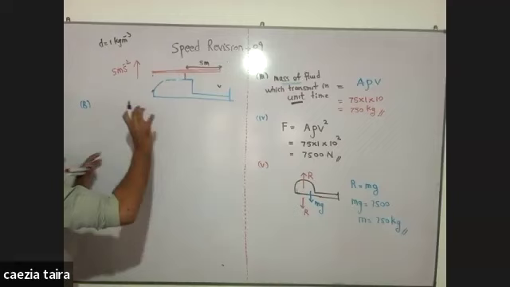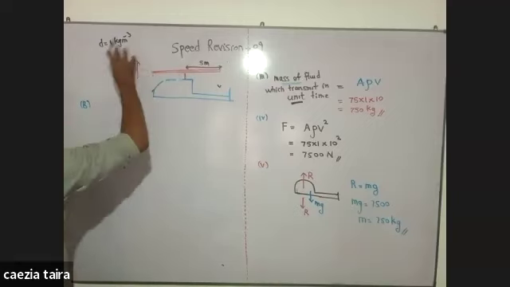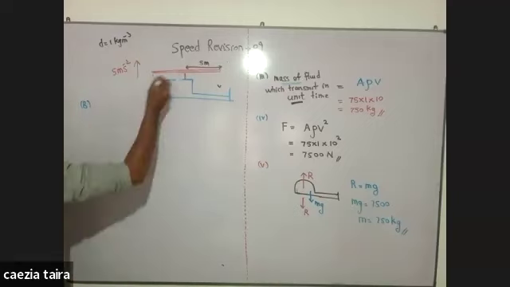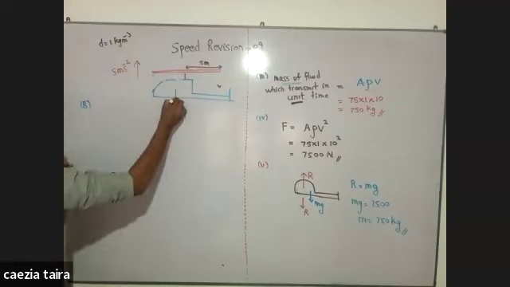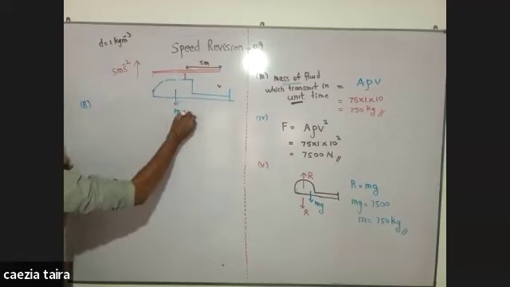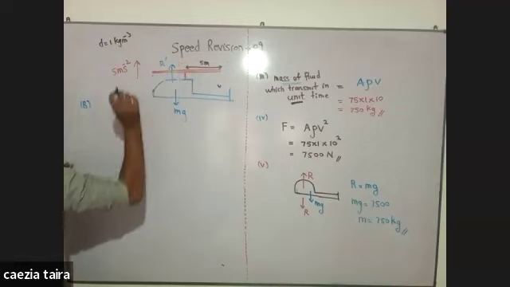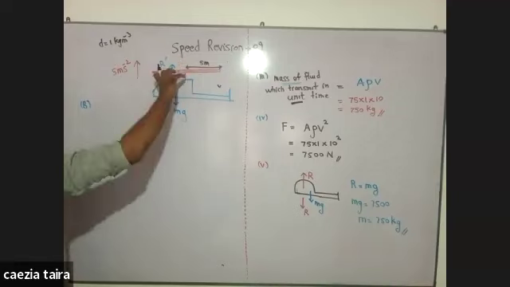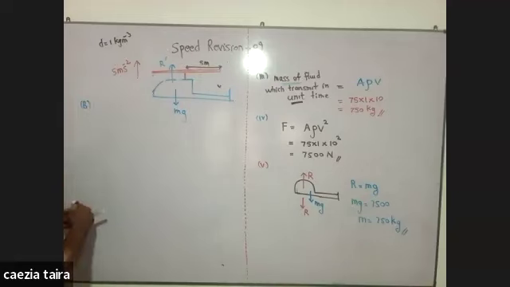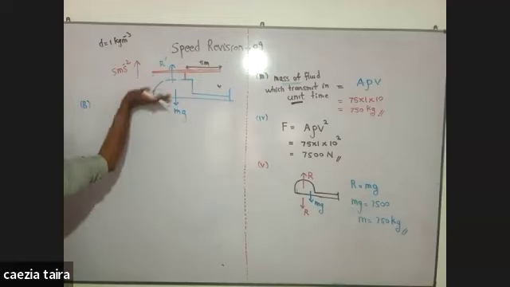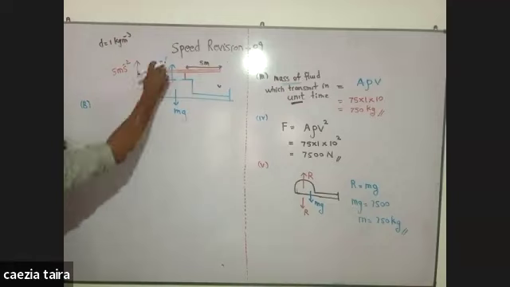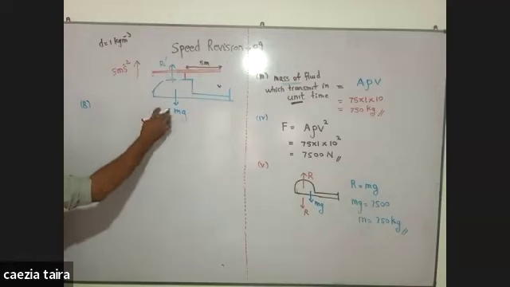Now this helicopter is moving upward with acceleration. So the forces on this object are mg, and let's assume the reaction force exerted by the air is R dash. Obviously if the helicopter is moving upward, R dash should be greater than mg, right?